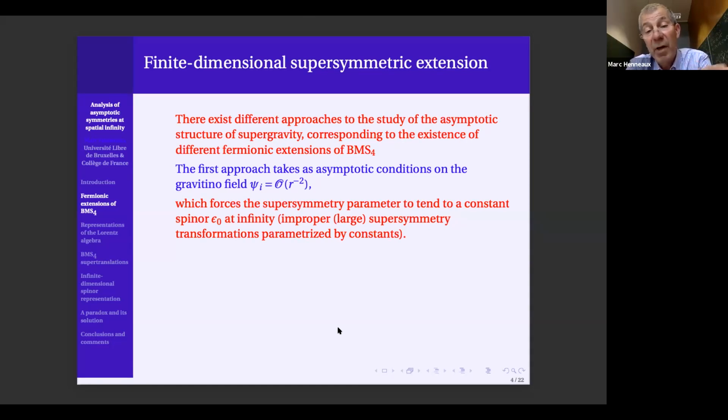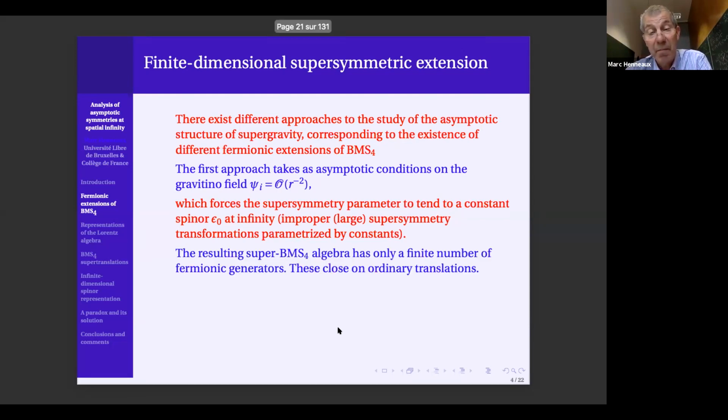And it is really the leading behavior, the O(1) behavior at infinity that determines the non-trivial supersymmetry transformations.